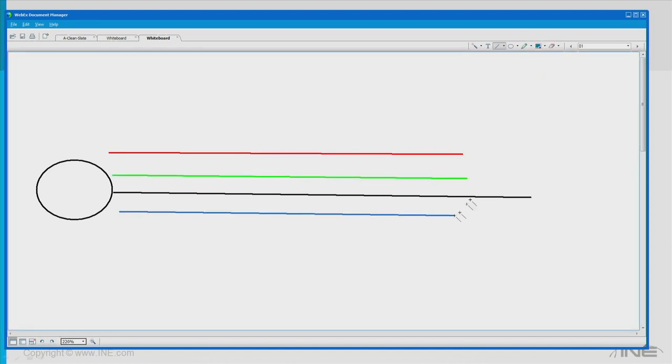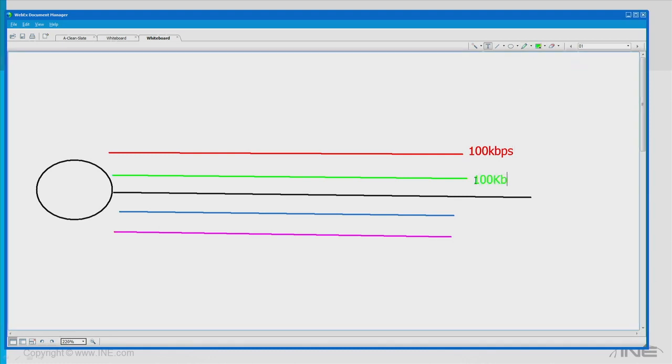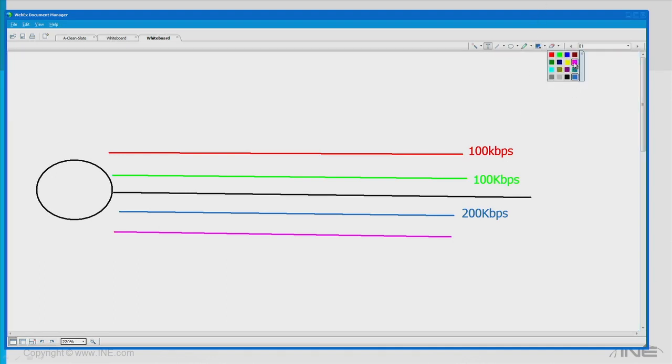Here's a third one and a fourth one. Okay, and if I take a look at my committed information rates, I say, okay, this one is 100 kilobits per second. And this one right here is also 100 kilobits per second. This one down here is faster. Maybe that's going to my corporate office. And this one down here is also pretty fast.